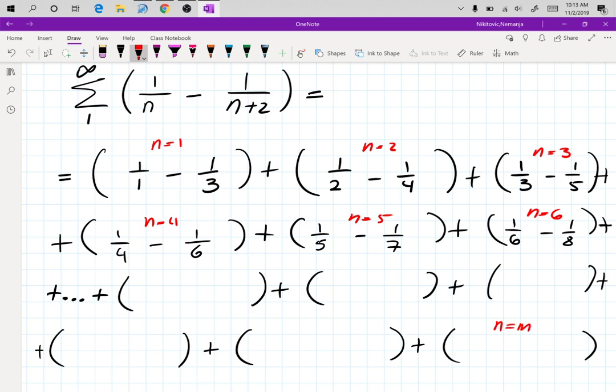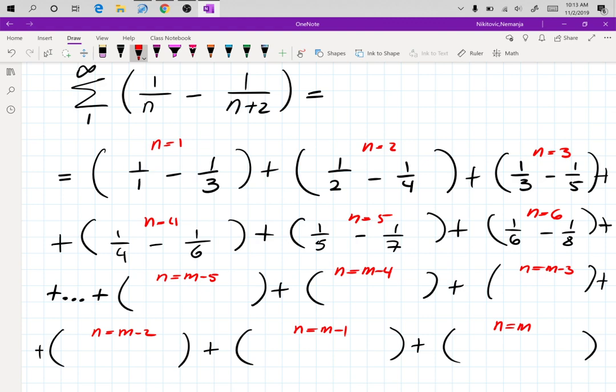The term before that is m minus 1, then n is m minus 2, m minus 3, m minus 4, and m minus 5. I'm replacing n with m, m minus 1, m minus 2, m minus 3, going backwards.